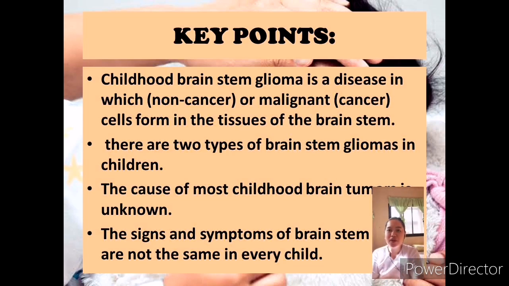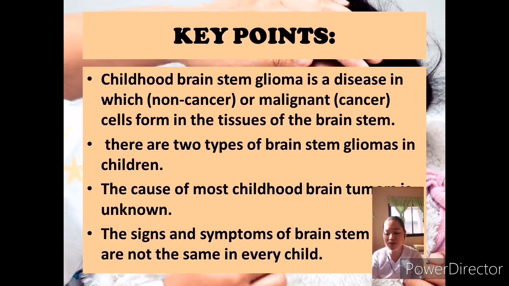In this glioma, there are two types of brainstem gliomas in children. The cause of most children's brain tumors is not yet identified, meaning the main cause of the occurrence of this disease is unknown yet. No further study about the occurrence of the disease has been found at this present time.